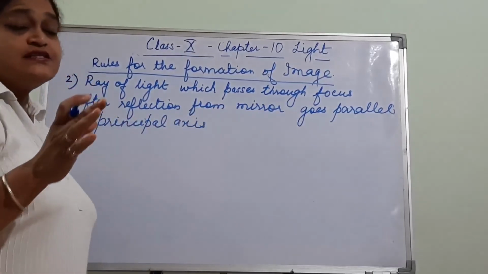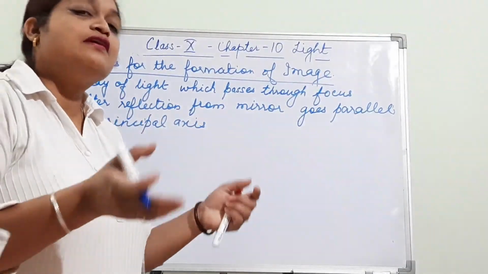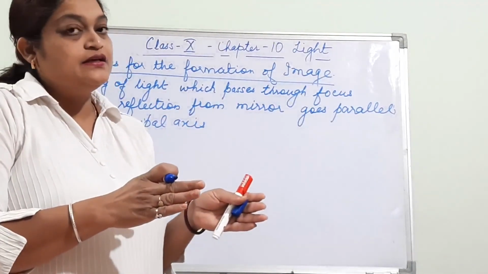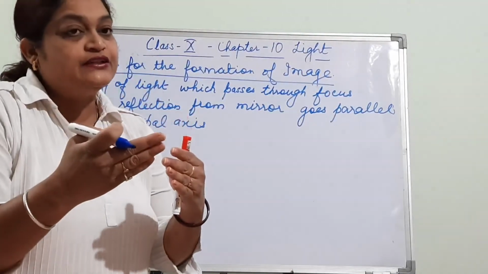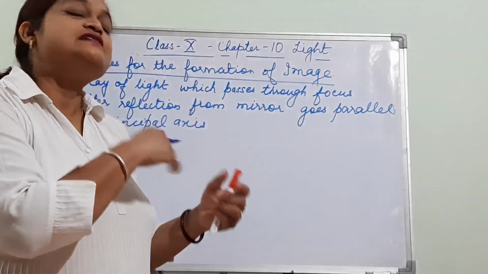So this rule is the inverse of rule 1. In rule 1 we have seen that when a ray of light which is coming parallel to principal axis, after reflection from the mirror it passes through focus. So the incident ray is parallel.